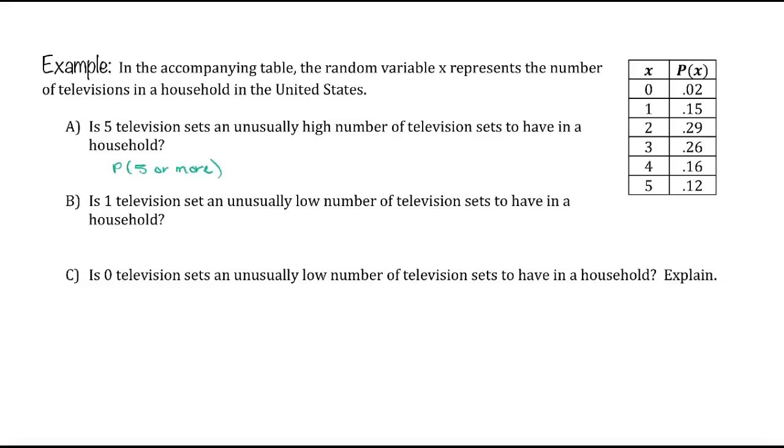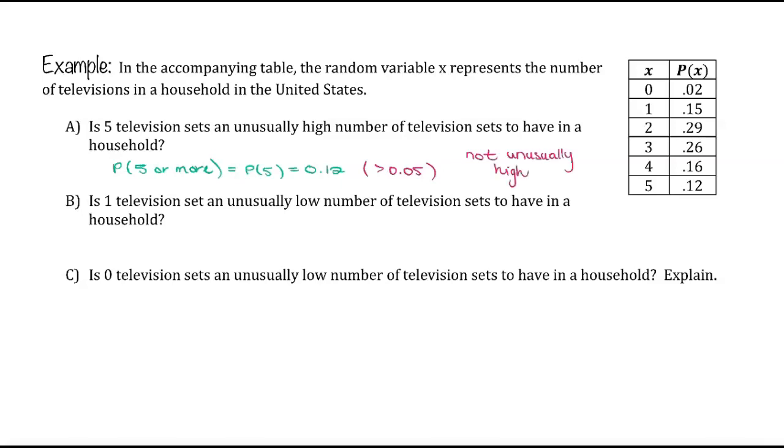If this probability is less than or equal to 5% or 0.05, then it will be unusually high. This is the probability of having 5 television sets in the house, or 0.12. And since this number is greater than 0.05, we say that this is not significantly high, or not unusually high.